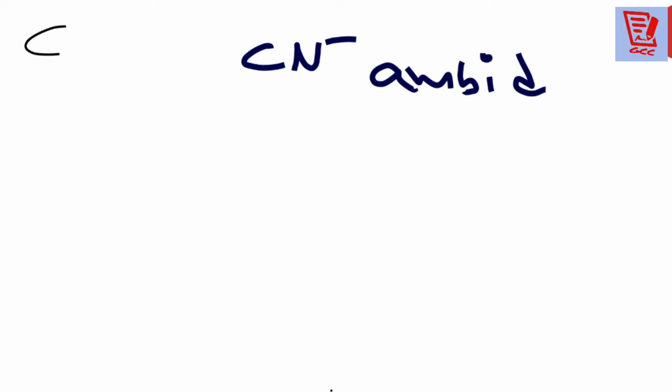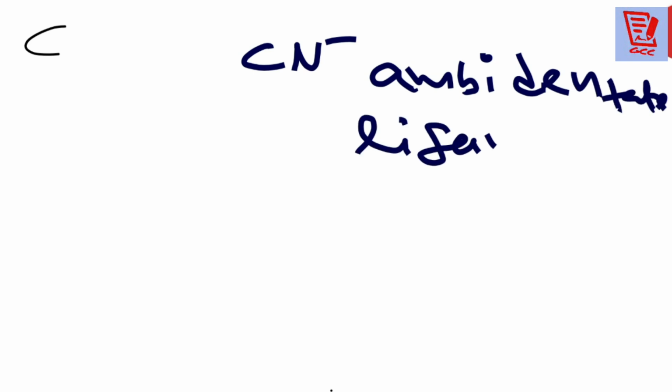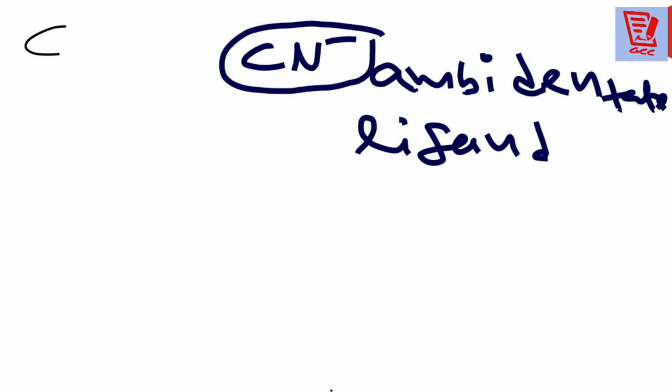First of all, just remember that CN negative is an ambidentate ligand. We have done this in coordination compounds also. What is the meaning of ambidentate ligand? It is a ligand that can attack through more than one atom, which has more than one donating site. So when we make the resonating structure of CN negative, you must see.